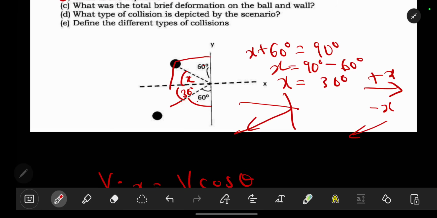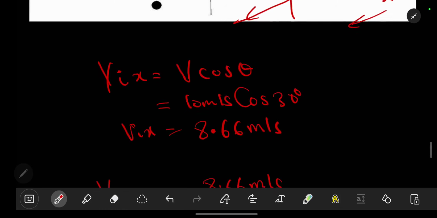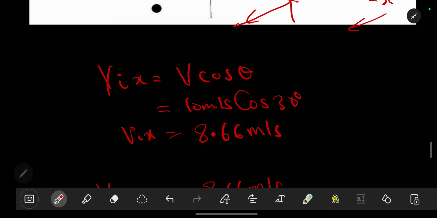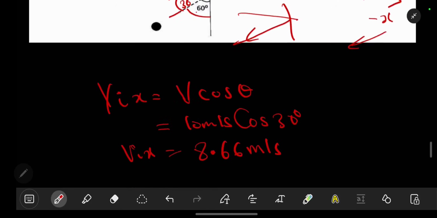So v final for x will be equal to just the negative value, negative 8.66, since the angle is not changing. If the angle was changing, we could have done the 10 cos of that, but adding a negative. We are going to look at another question where the angle is changing.